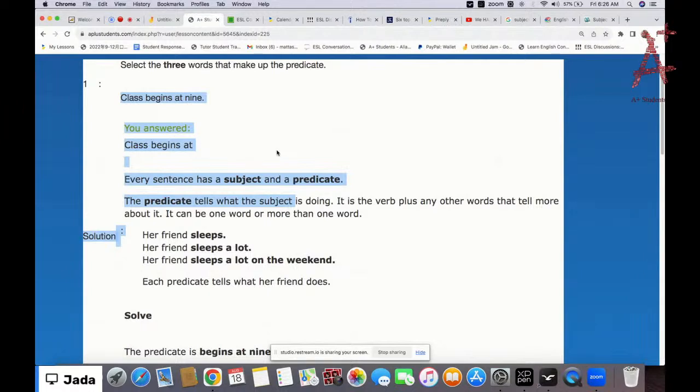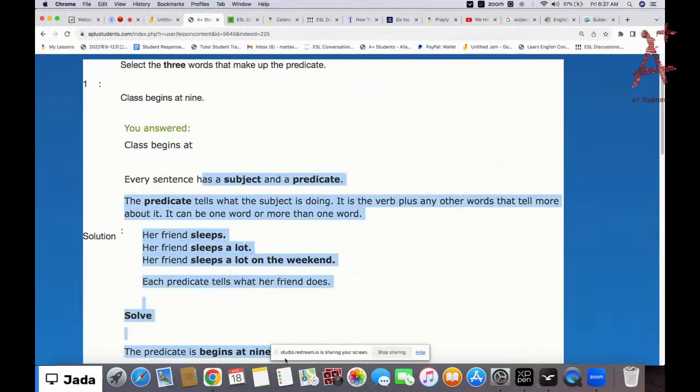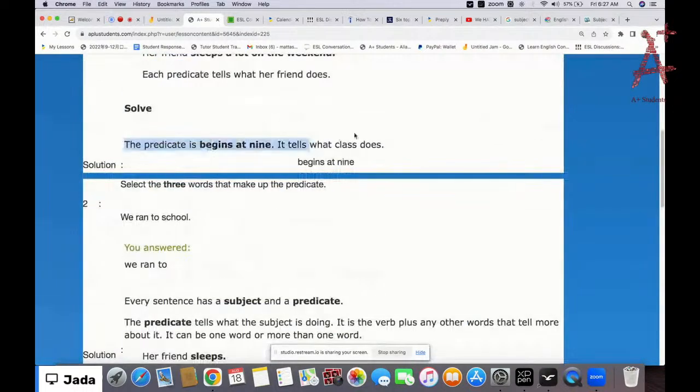The subject is the class, and the predicate is begins at 9. Begins at 9 tells what the class is going to do. The class is going to start by 9.